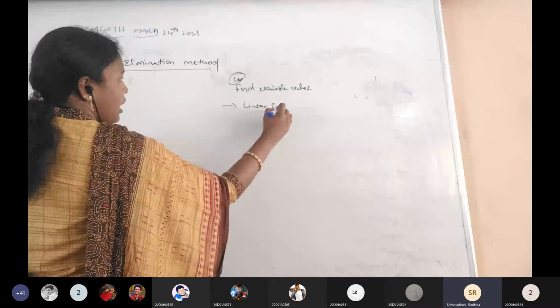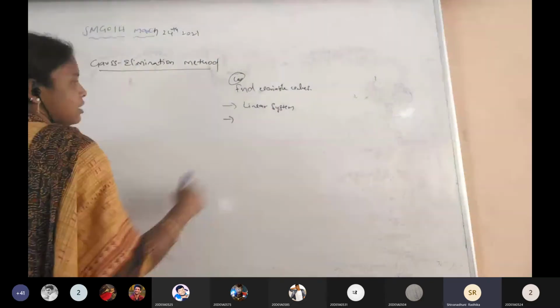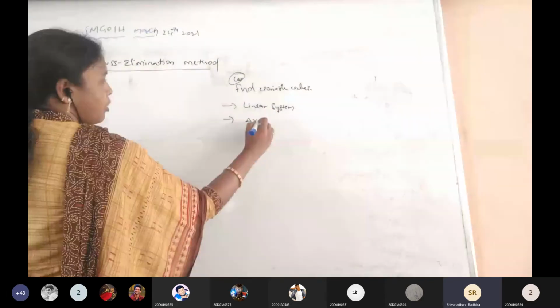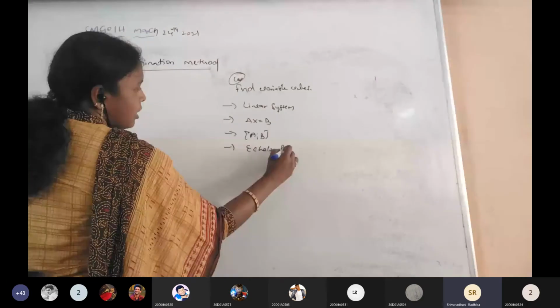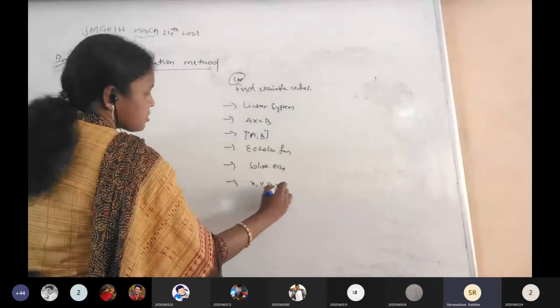The given problem is a linear system. Then we need to write it in matrix notation. Again, we need to write the augmented matrix and change the augmented matrix into echelon form. Then simplify and solve the equations. We are getting the variable values.